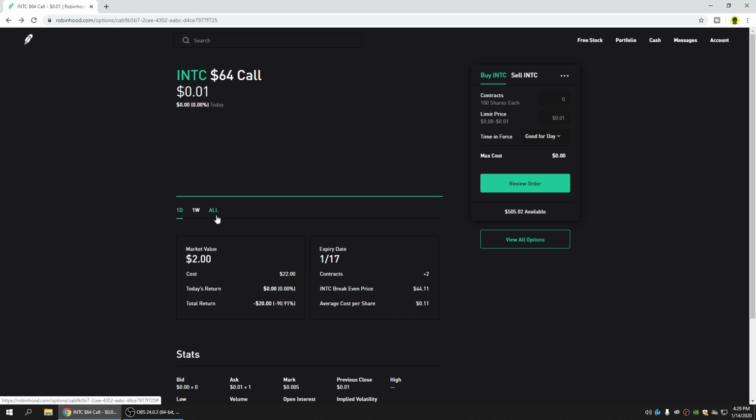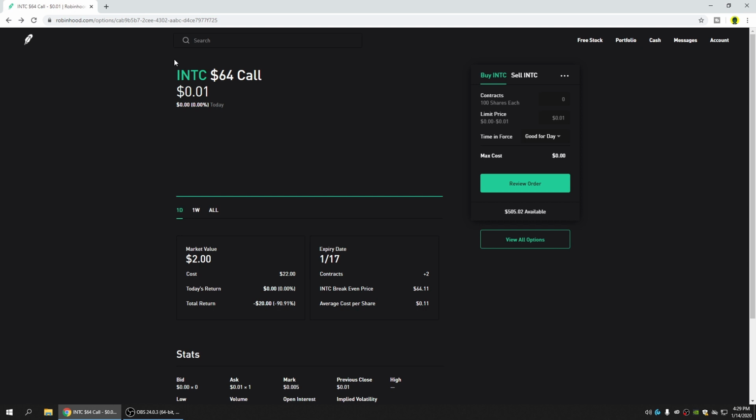Unless INTC moves up like a monster, I just don't see this hitting. But essentially, in order to make our money back on this contract, INTC would have to move up to 64.22, and that's the only way we would make no money and lose no money.